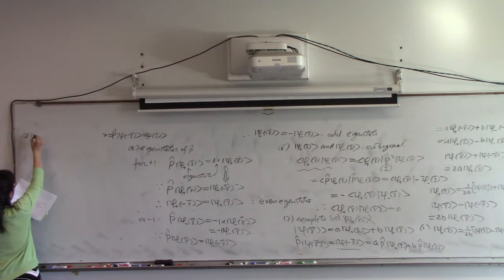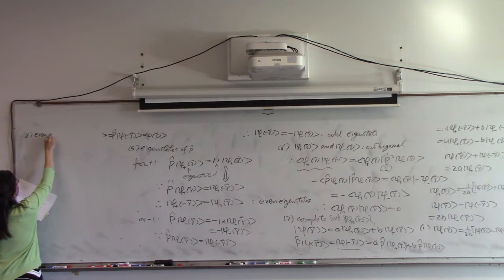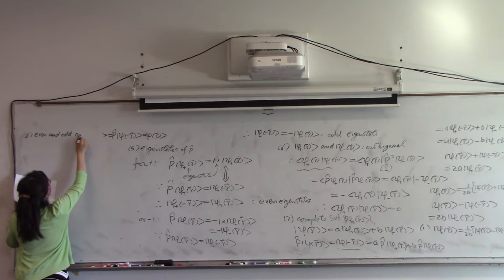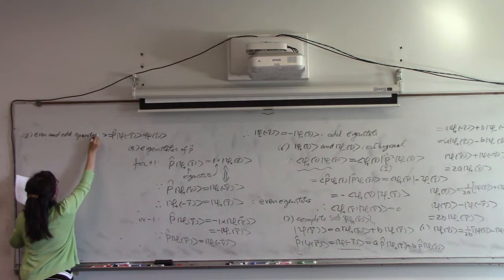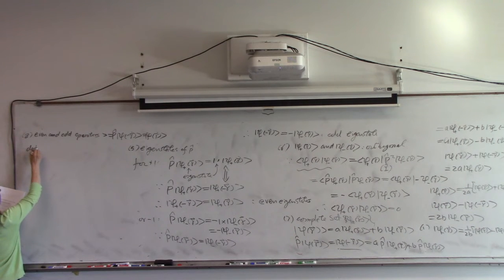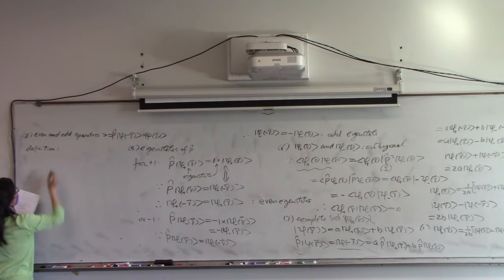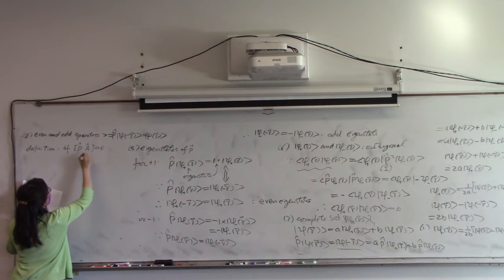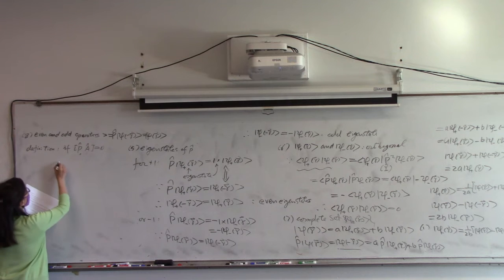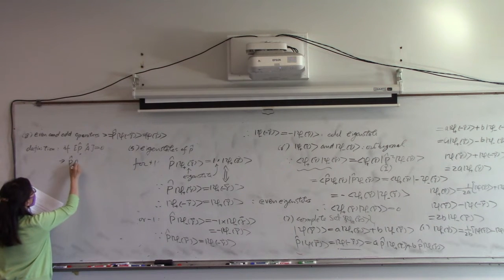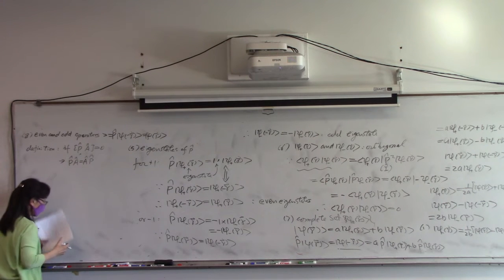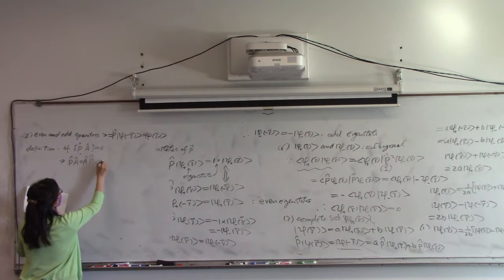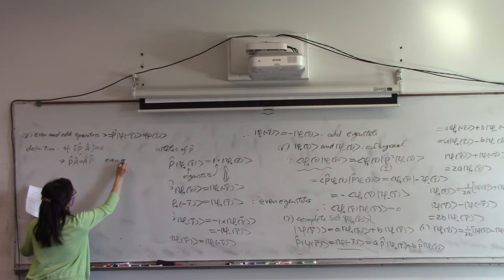Number 8 is even and odd operators. Definition: if the operator A commutes with the parity operator, that means PA equals AP, we call this an even operator.